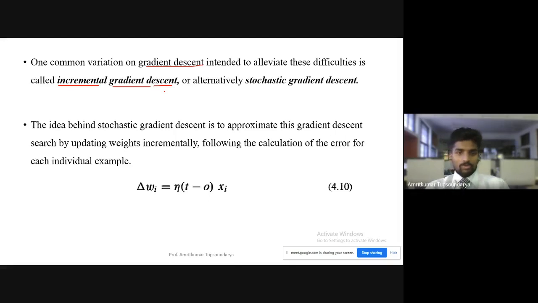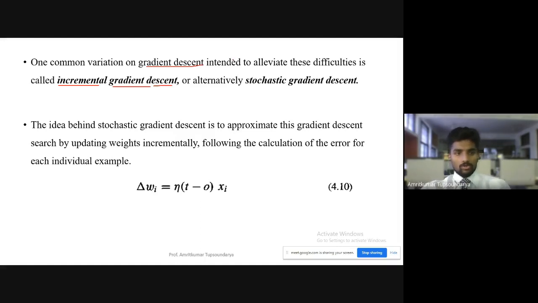In the formula, you must have seen we assigned a negative sign in front of the equation. When we prefix it with a negative, it becomes the steepest decrease. So to alleviate these difficulties, we use incremental gradient descent.